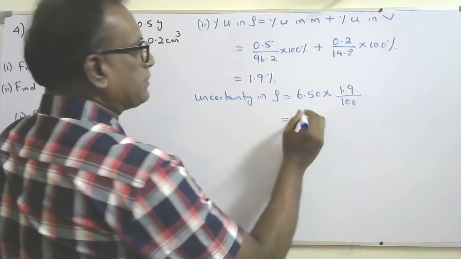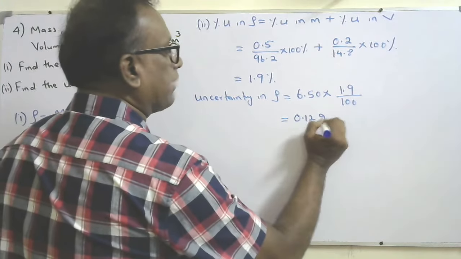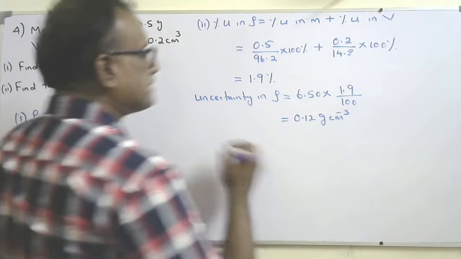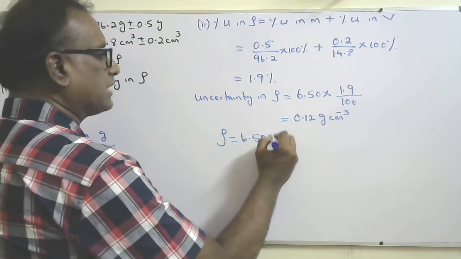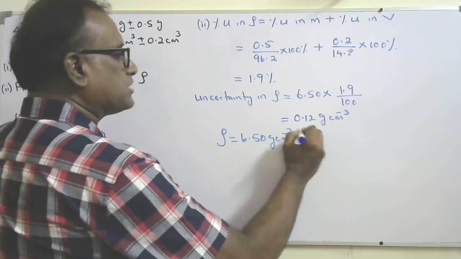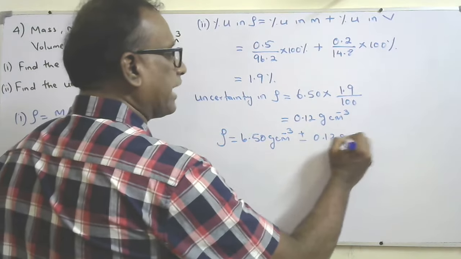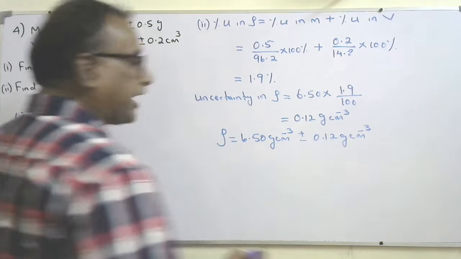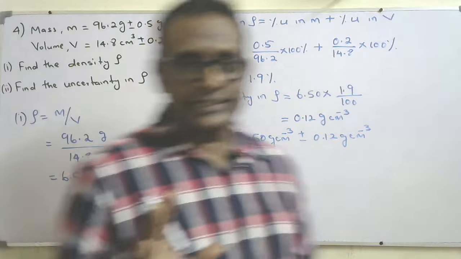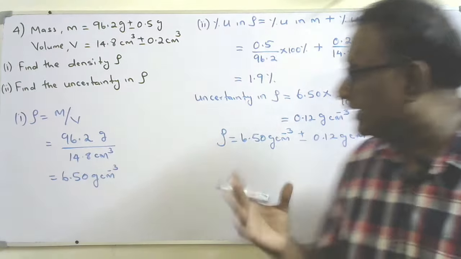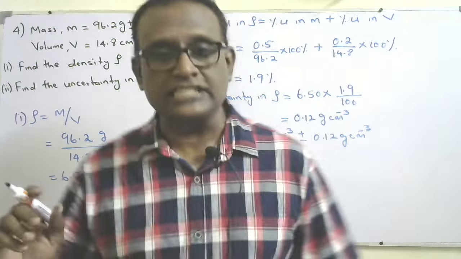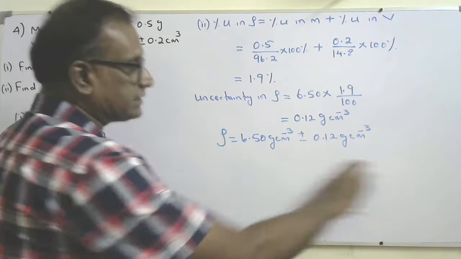Give it in the same decimal point, 0.12 gram per cm cube. So I can say the density rho is equal to 6.50 gram per cm cube plus or minus 0.12 gram per cm cube. According to the given instruments, I am not sure about the exact density, but I can say the density of this particular material is falling within this range.